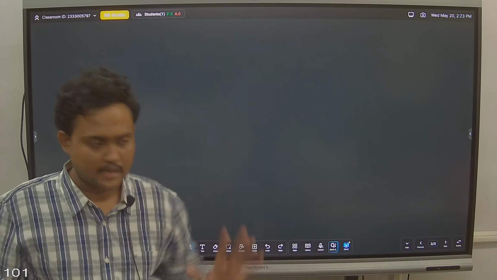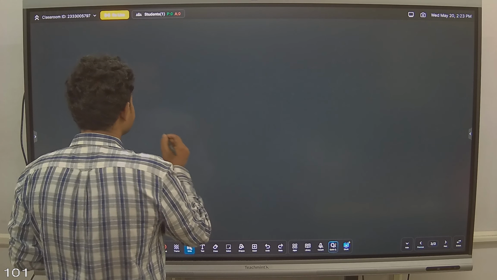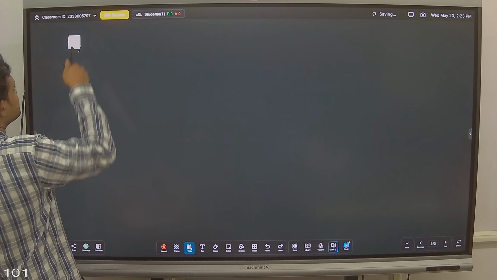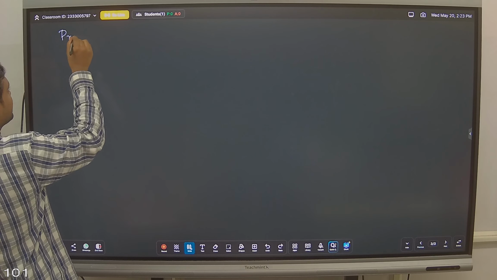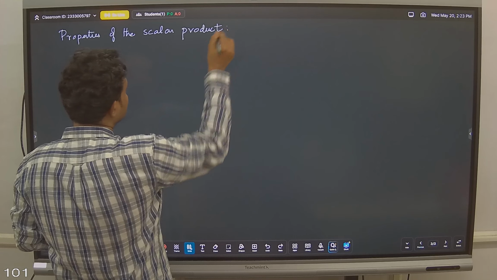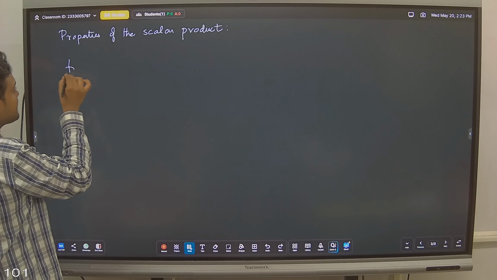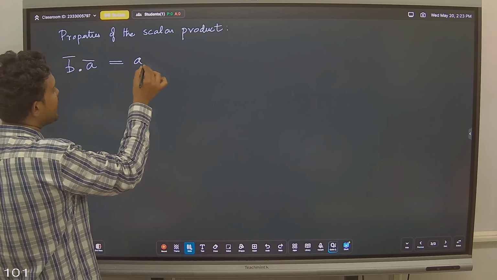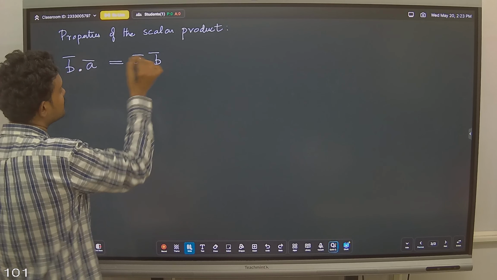Okay. Now we learn some properties of the scalar product, okay? The first thing is that B dot A is equal to A dot B, right?